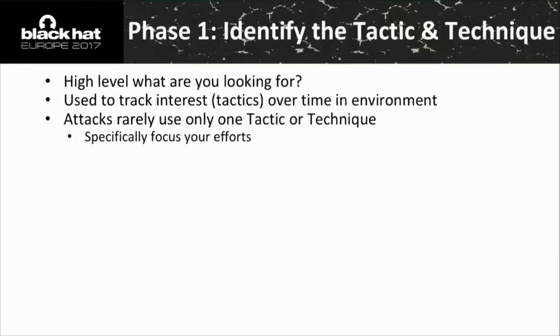So the first part is identifying the tactic and technique. So back to the MITRE ATT&CK matrix, the tactics are those broad column headers. So this is that high-level what you're going to look for. The initiating event, kind of the instigation for this, can come from any source, really. It may be your CEO is worried about some type of attack.